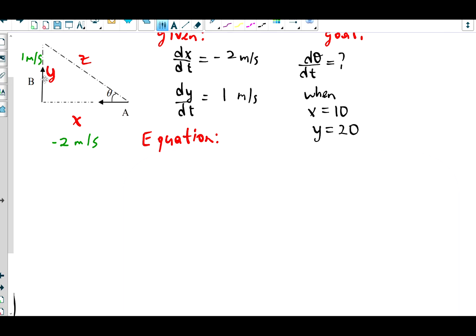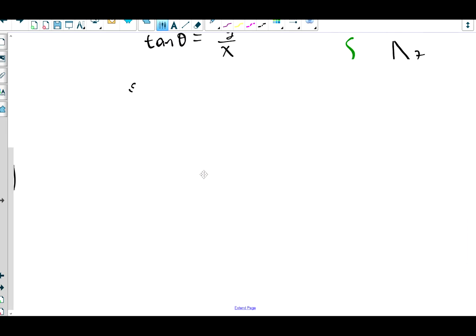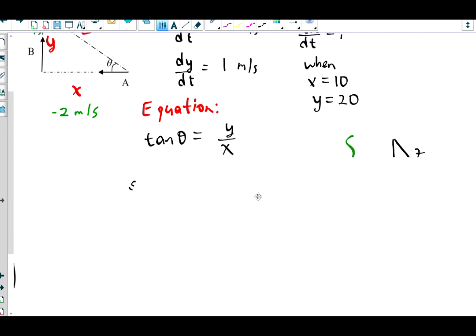However, since we have so much information about the horizontal and the vertical side, meaning adjacent and opposite sides, let's think of which trig function relates theta to opposite and adjacent sides. And if you said tangent theta, you are correct. Tangent theta is y over x. That will be the easiest one to use for this problem.